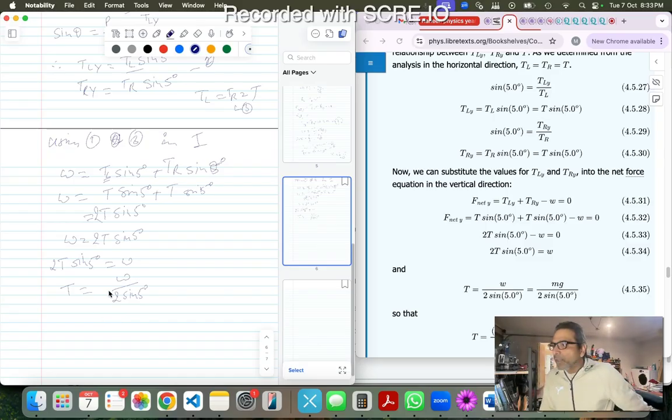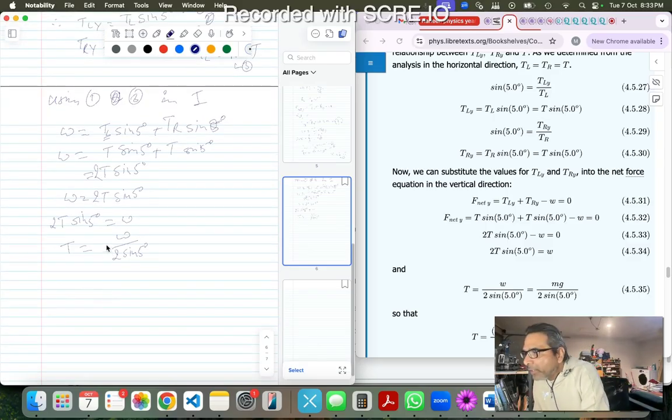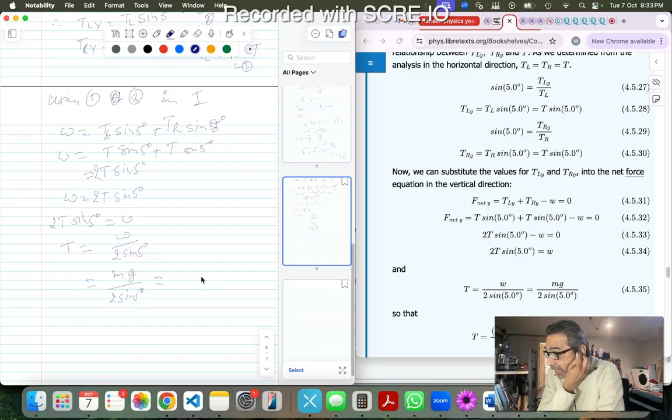Okay. Now we know W is mg, so T equals mg over 2 sine 5 degree. Can you tell me the value of sine 5 degree? M is 70.